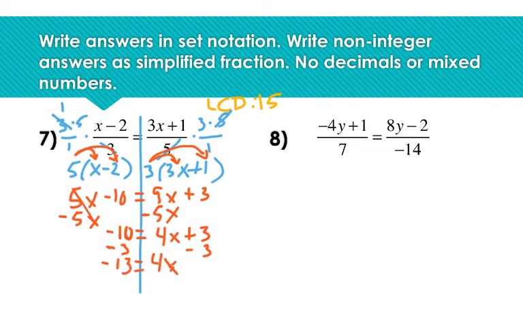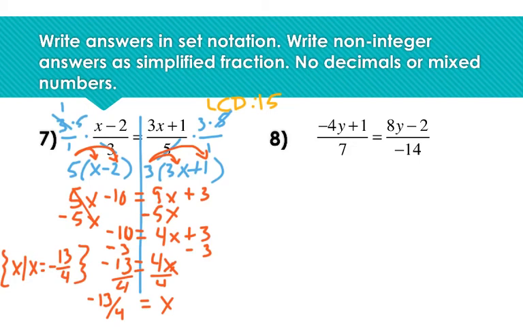And here we go. We're going to divide it by 4. So there it is. We can see what our answer is going to be. It's negative 13 over 4 equals x. In set notation, let's set x such that x equals negative 13 fourths. And we have it.